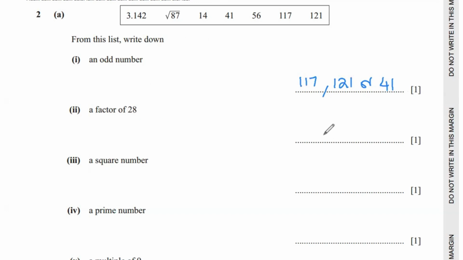A factor of 28 is 14, because 14 times 2 is 28. Then a square number over here is 121 because 11 squared is 11 times 11. So that's 121. A prime number is a number that divides only by itself and 1, which in this case is 41.